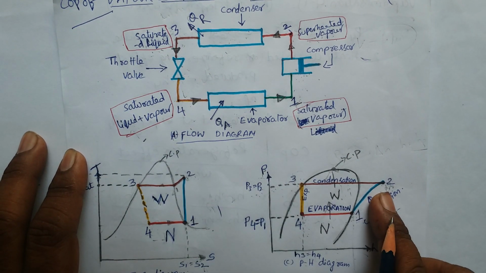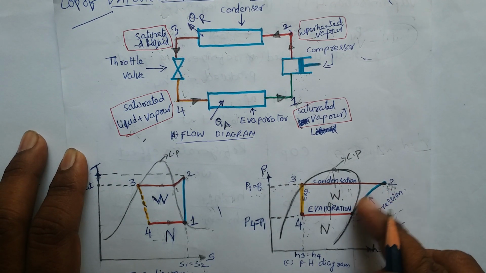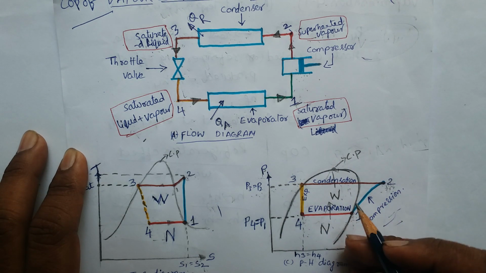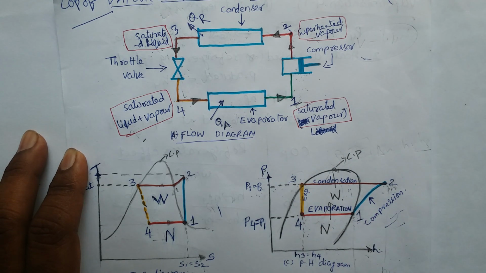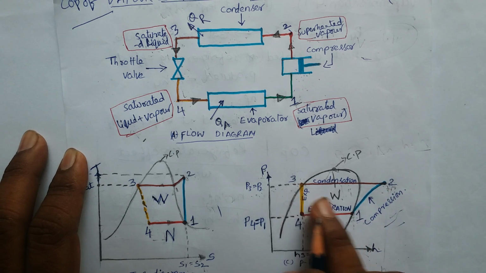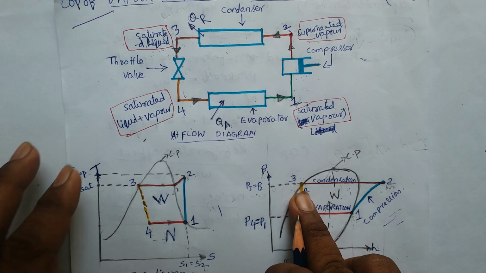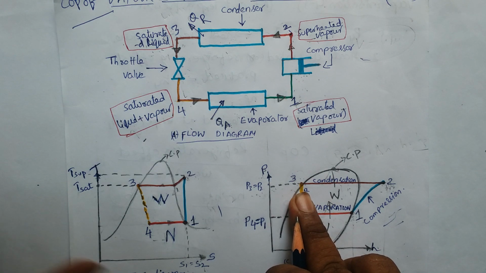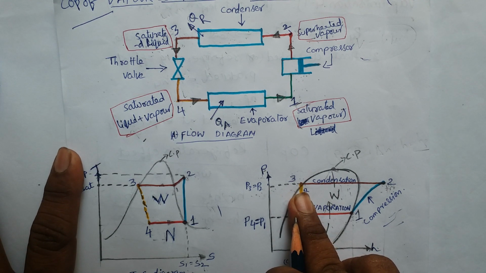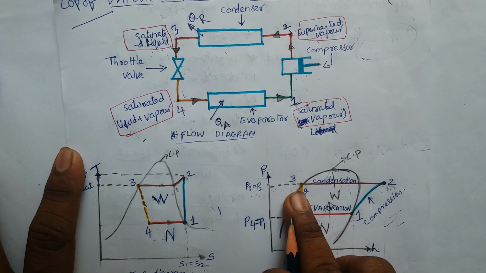We find how much heat is given to the surroundings as H2 minus H3. H2 is more than H3, that's why H2 minus H3. We can find out the heat given to the surroundings or cooling media as H2 minus H3.